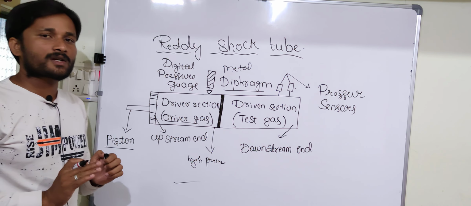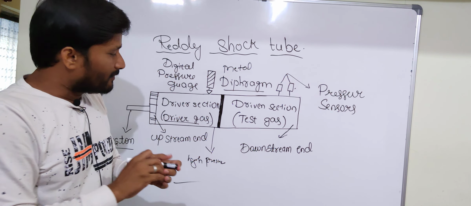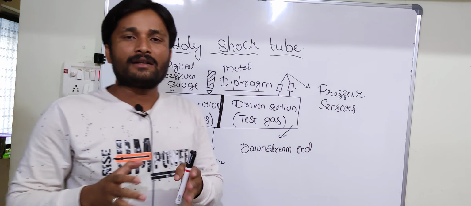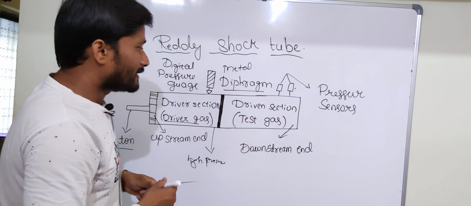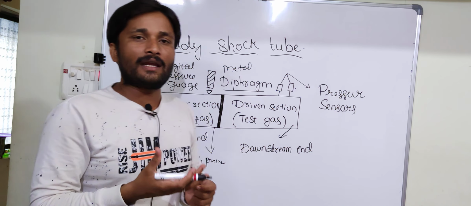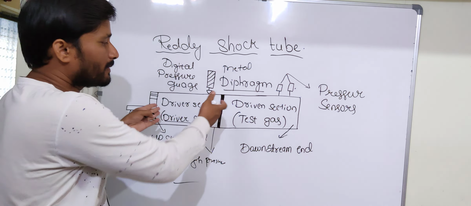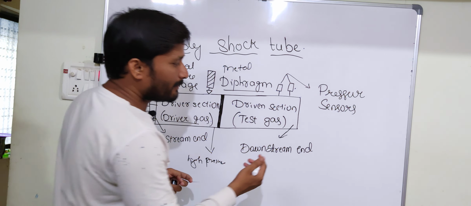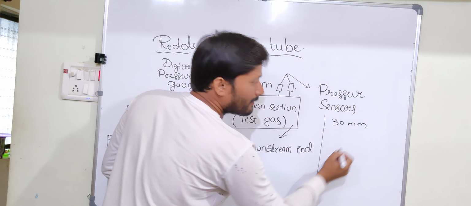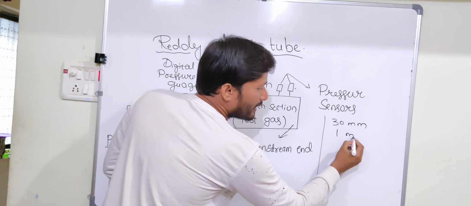Now moving on to the construction. In the first point, when we look at this figure, we have its diameter and its length. This Reddy Shock Tube is made of stainless steel. The diameter of this tube is 30 mm and its length is 1 m.